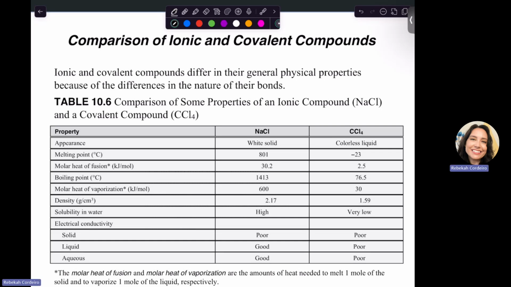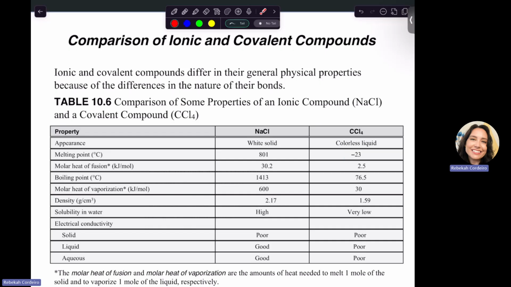So ionic compounds, like sodium chloride, are more likely to be solid, whereas some covalent compounds are more likely to be liquid or gas. You see that there's a really high melting point for ionic compounds versus covalent.